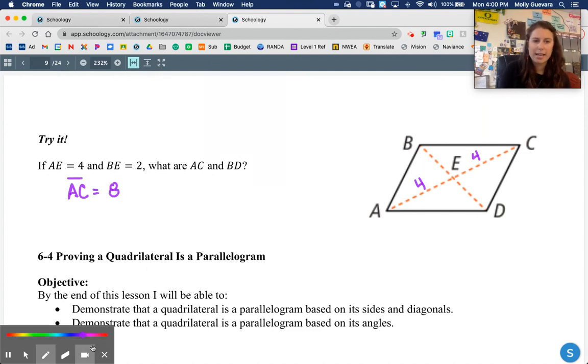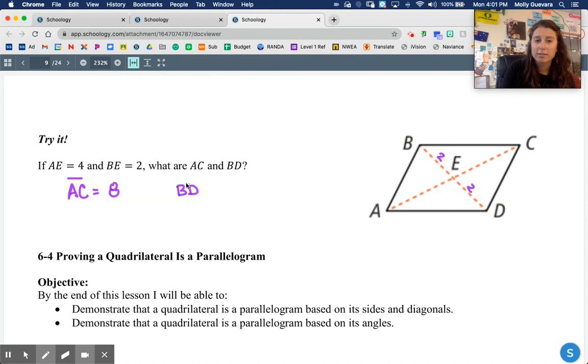So the diagonal AC is 8. Similarly, BE is 2, and since it's cut in half, that means DE is also 2. So then what's the whole distance BD? It should be 4. So it's just using this fact to help us solve problems.